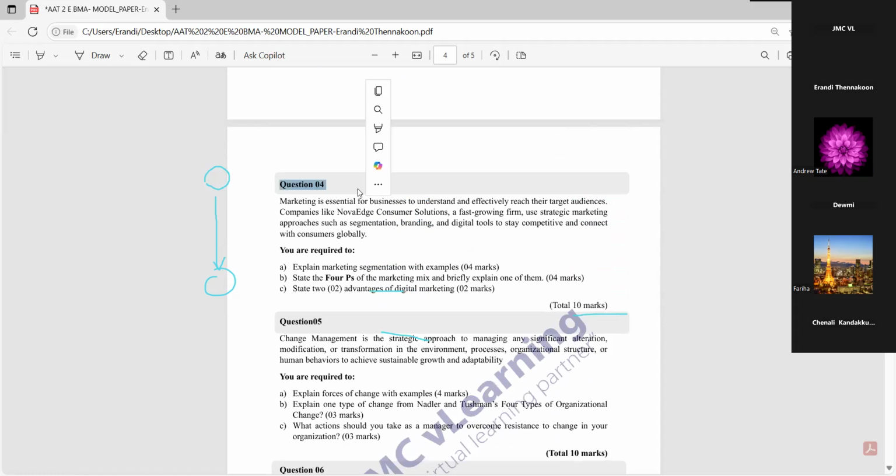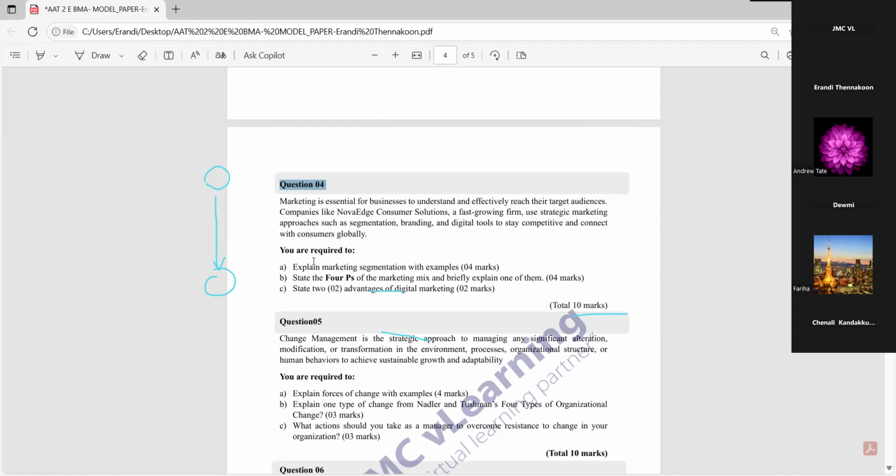Then question 4. It is on marketing. Marketing is essential for business to understand and effectively reach their target audience. Companies like Nova Edge, Consumer Solutions, fast-growing firms use strategic marketing approaches such as segmentation, branding, and digital tools to stay competitive and connect with consumers globally.